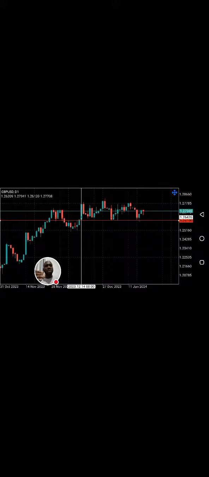Price tested this support level, and from this point GBP USD has been in a range. When price is in a range, it always goes to resistance, from resistance to support, from support to resistance. That's what played out from this point. Went to resistance, came back to support, went back to resistance, came back to support, went back to resistance, and this is likely going to repeat.